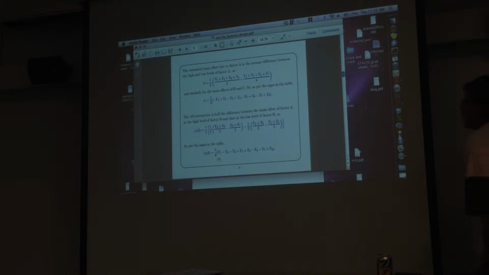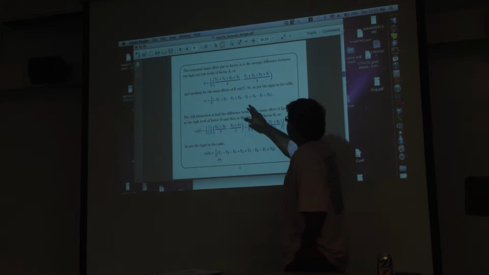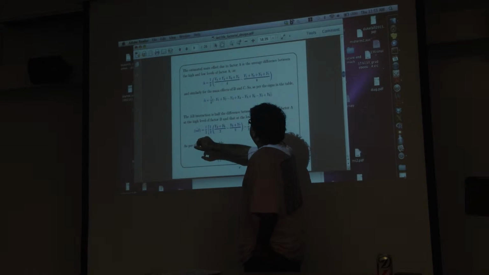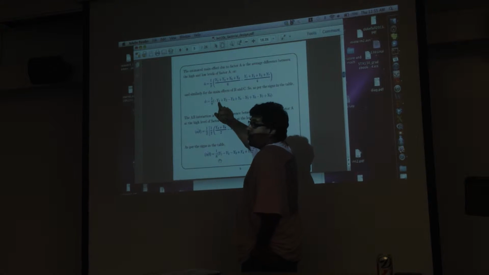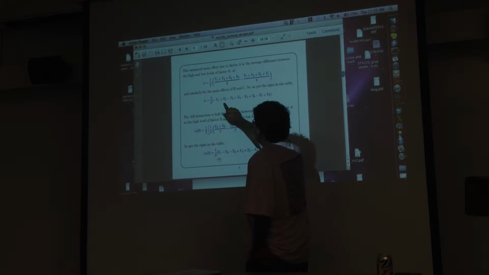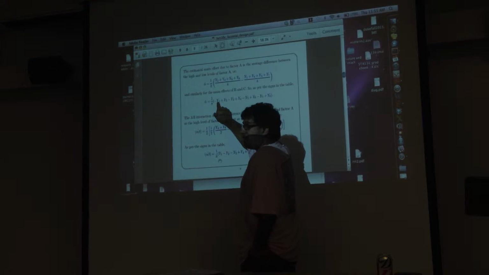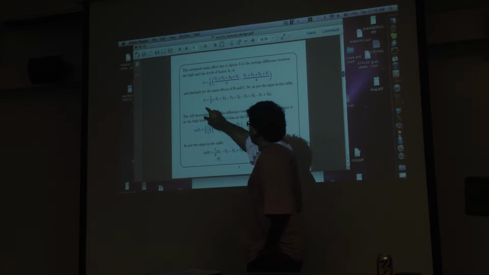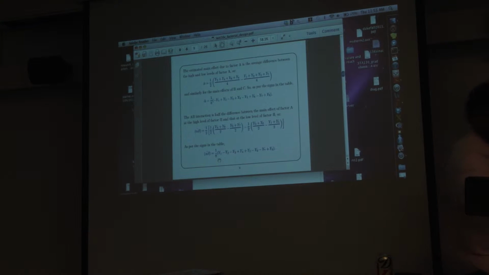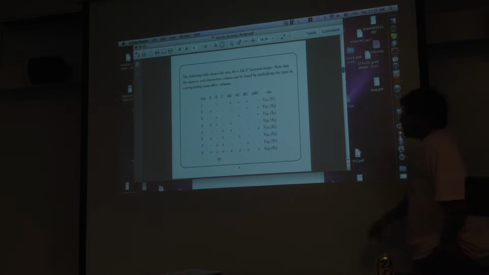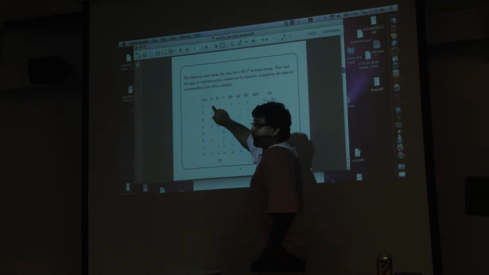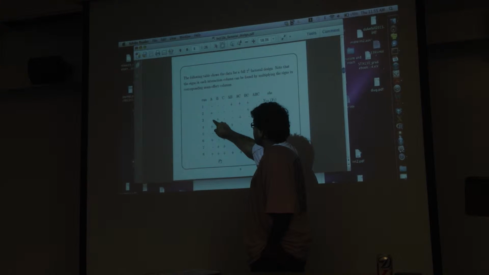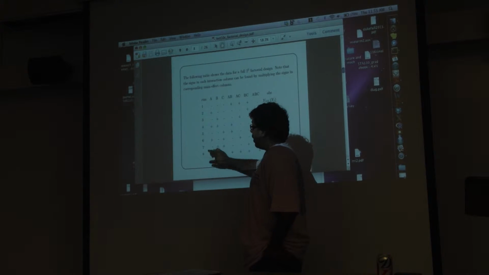Okay, the way that you actually get the effects: if I wanted to get the main effect of A, what I do is I just add them up according to the sign. So it was minus 1 for the first one, plus 1, minus 1, plus 1, and then there are 8 of them, so I divide by 8. I just subtract the first one, add the second one, subtract the third one, and so on, and divide by 8.